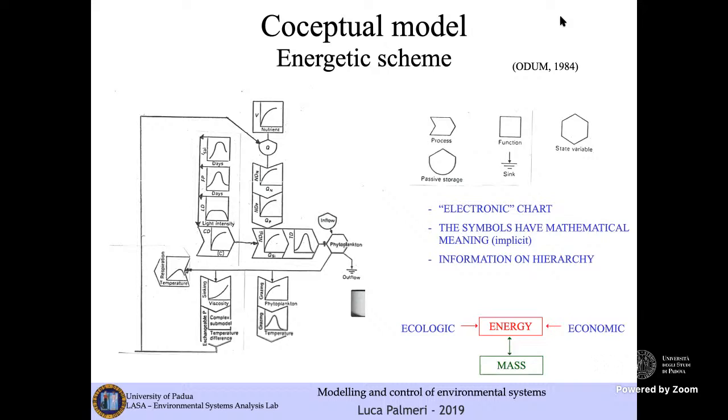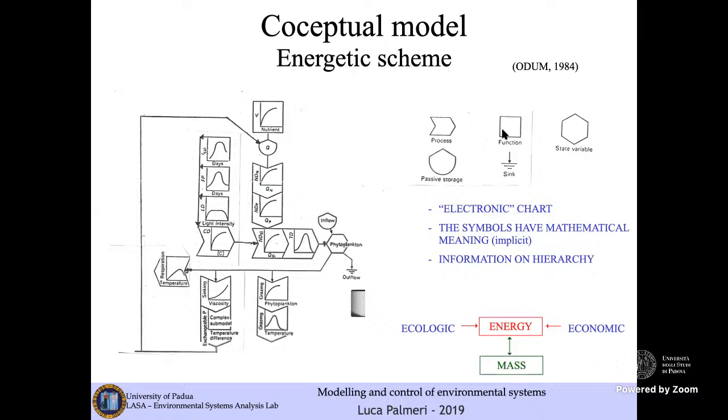ubiquitously in ecology. For example, it was Odum, in 1984. Odum is one of the fathers of theoretical ecology, and he introduced an energetic scheme that allowed him to translate his conceptual modeling into some kind of more computable, calculable descriptions.